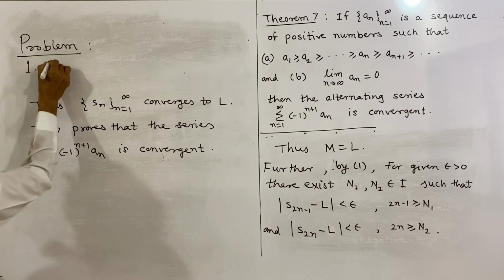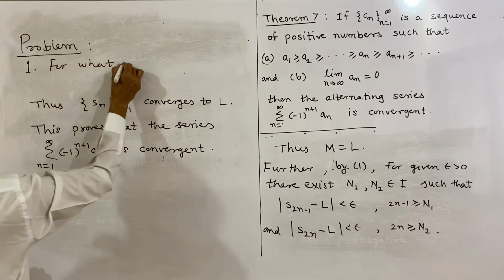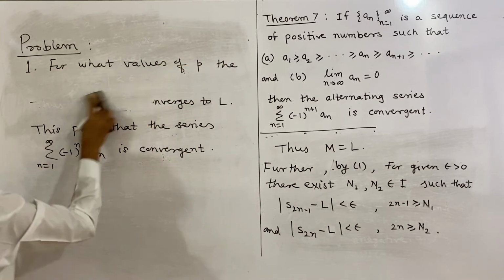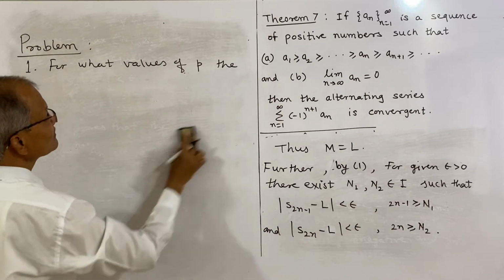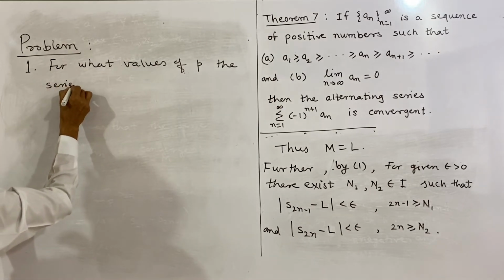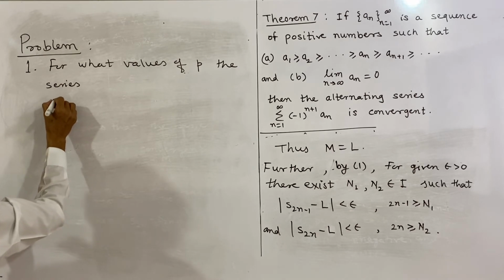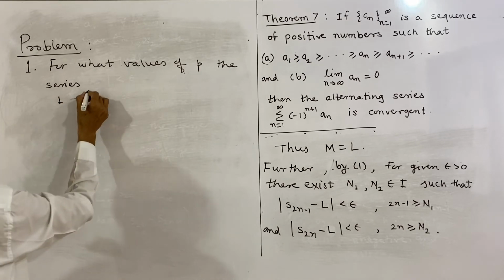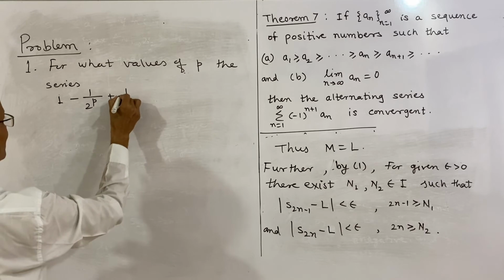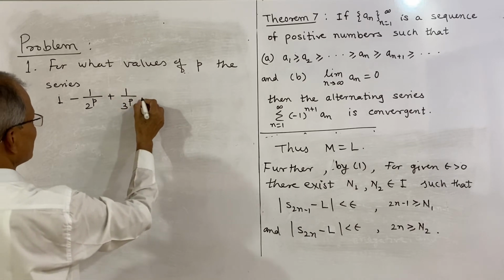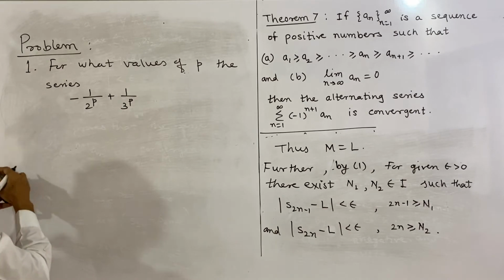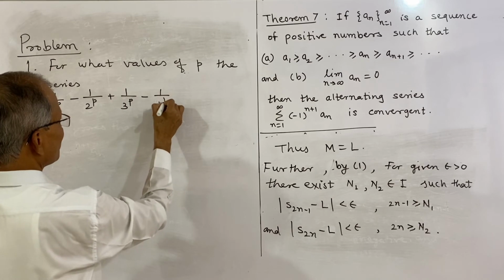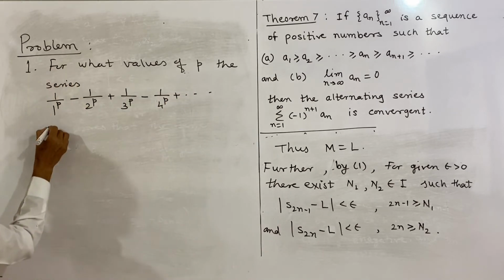For what values of P does the series 1 to the power P minus 1 upon 2 power P plus 1 upon 3 power P and so on, which can also be written as 1 upon 1 power P minus 1 upon 4 power P plus etc., converge?